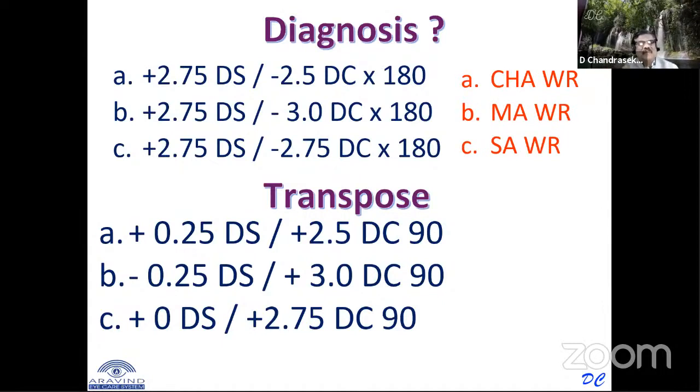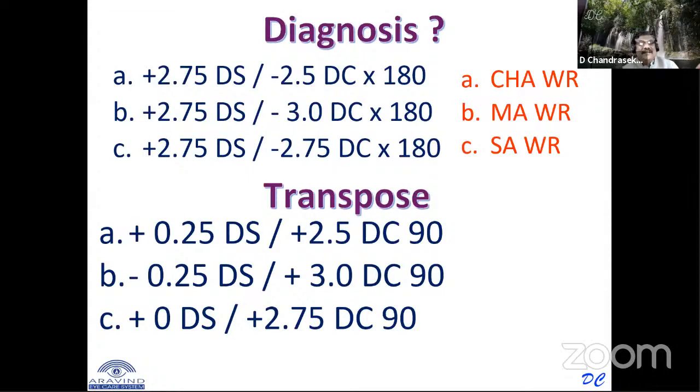The first one is a compound hypermetropic astigmatism, all at 180, so it will become with the rule. The second I say is mixed. The third one is simple. Why? Remember, when you have a sphere and a cylinder of opposite sign, if the spherical is more than the cylindrical, it will become compound hypermetropic astigmatism.